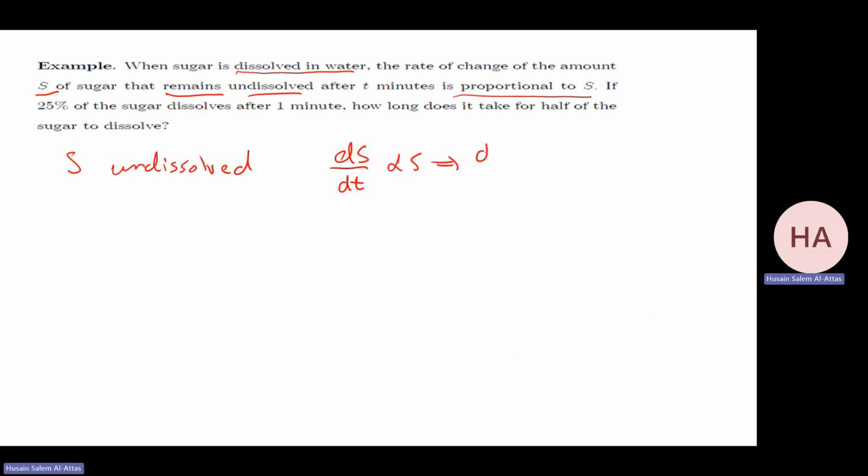So I have dS by dt equals kS. So S at t will be C e^(kt), like what we did before, where t is the time. Okay, look at the statement.